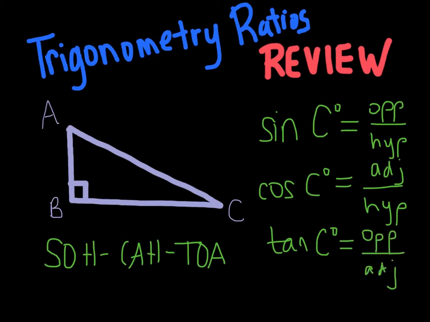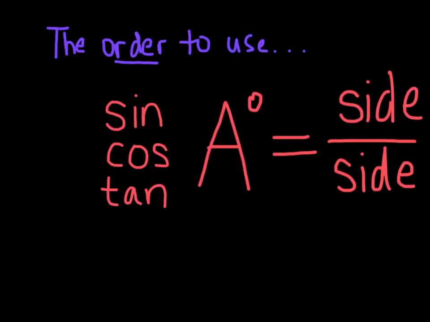From this angle C, the leg opposite would be here, and the adjacent leg would be BC. Now, you'll always have the word sine, cosine, or tangent first, sitting right next to your angle measure, equals whatever two sides you happen to be using.